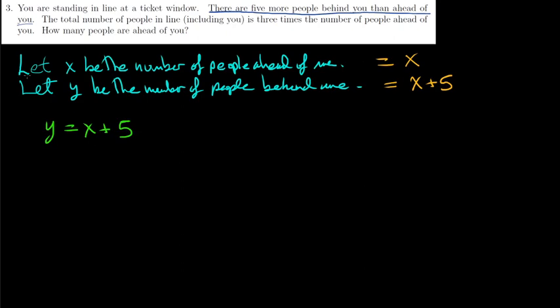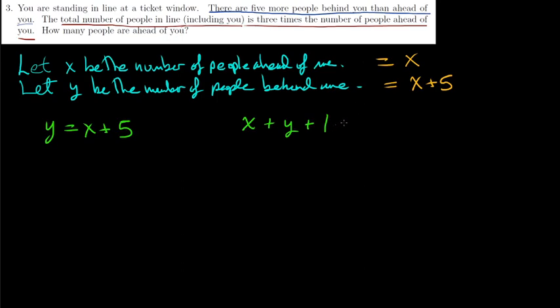All right. What else do we know? Well, we know that the total number of people in line, and that includes us, is 3 times the number of people ahead of us. So what does that mean? The total number of people, well, that's the number of people ahead of us, plus the number of people behind us. But including you, so including me, I'm 1 person, so plus 1.